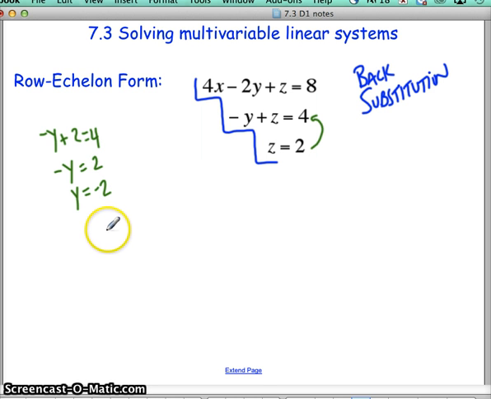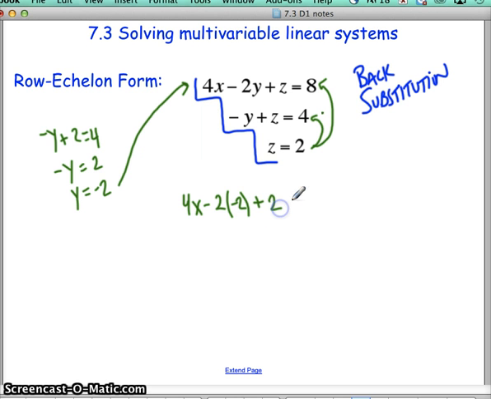And then we're going to substitute the negative 2 in for y and the 2 in for z into the first equation. So we would have 4x minus 2 times y, which we found as negative 2, plus z, which we know is positive 2, equals 8.